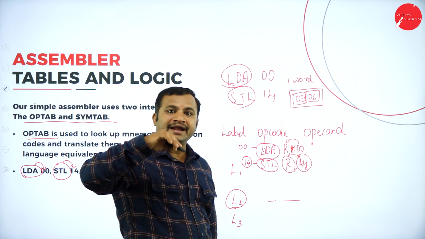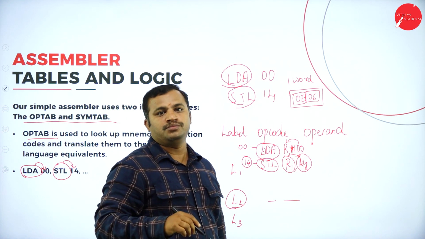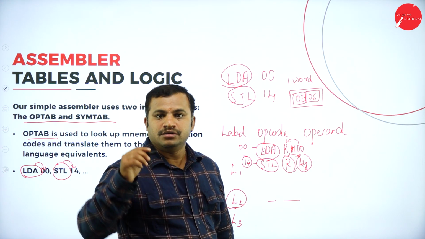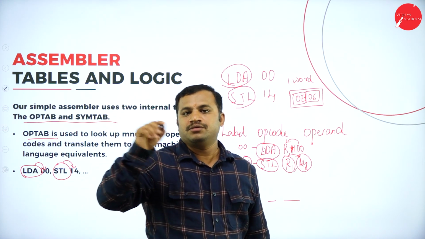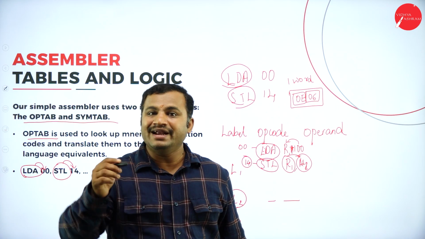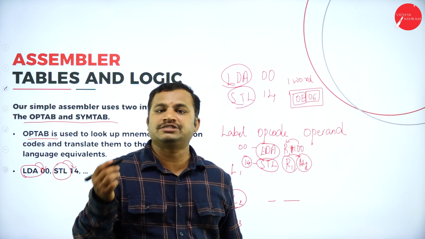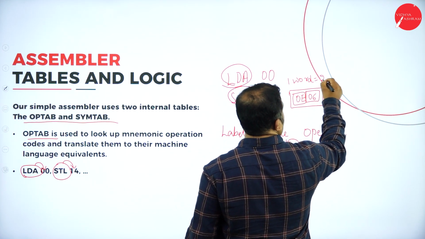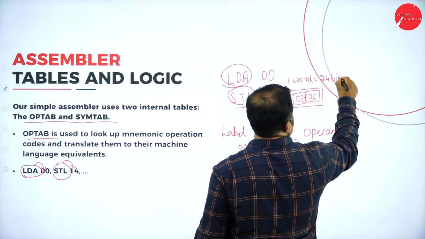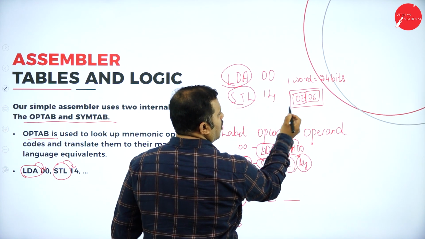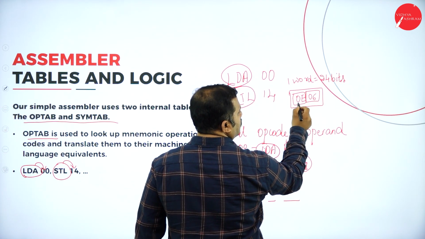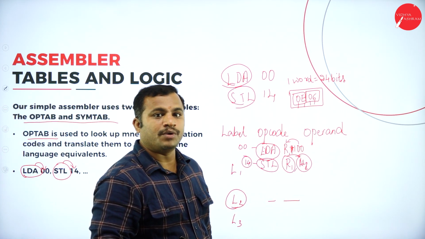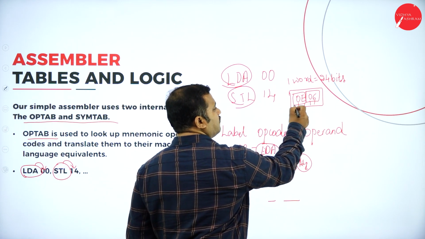So 8 bits into 2 is 16 bits, plus one more 8 bits is added. 8 threes are 24. 24 bits are called one word. That is, one word is equal to 24 bits. So here, how many bits are there? 1, 2, 3, 4. So totally we have 24 bits to represent this information.